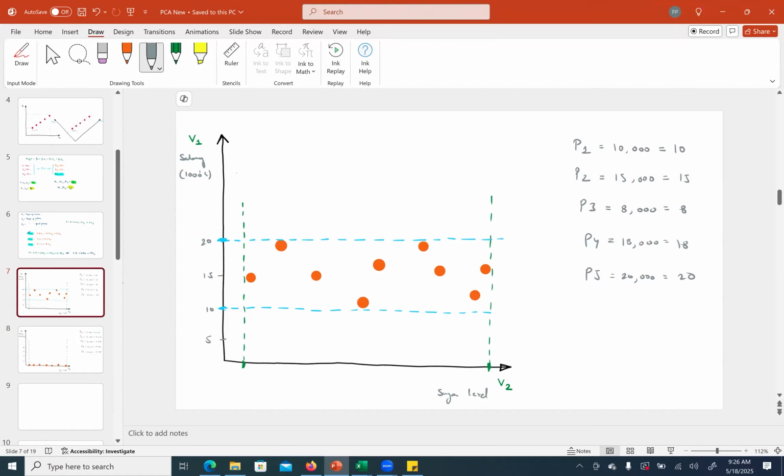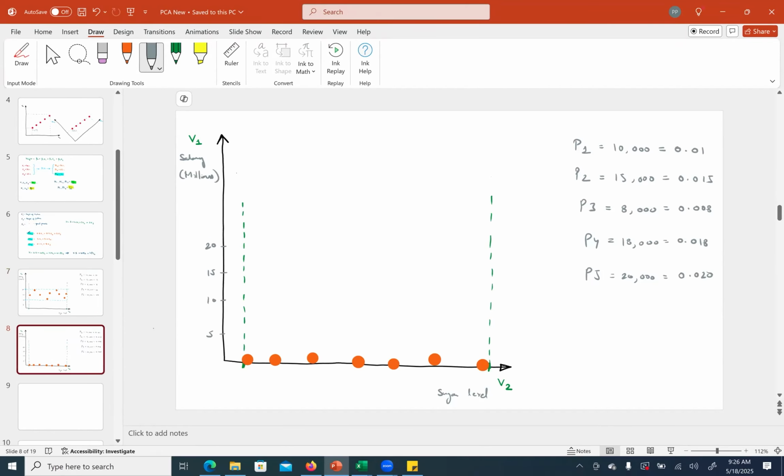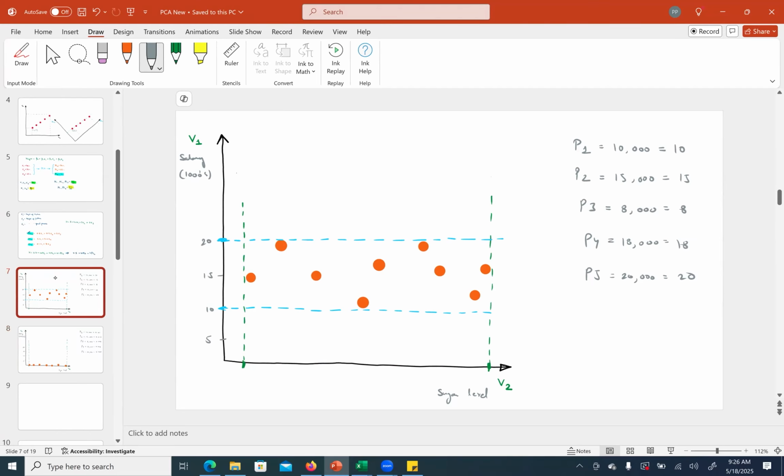Here the data is distributed a lot, here the data is not distributed much. Why is that happening? Just because of the units of variable 1. So we want to make sure that these kinds of things do not happen, and to do that, we want to standardize the variables. All the variables should be standardized.